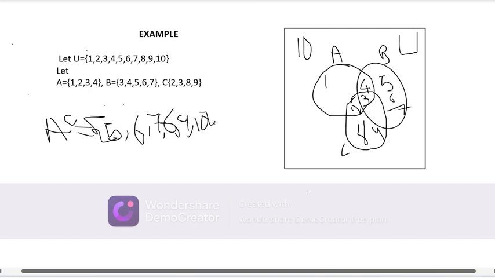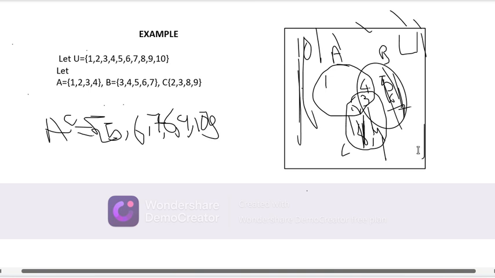So when we are going to shade this, we are going to shade wherever there are these elements. For example, 5, which means this part is going to be shaded as A complement. 6 is also in this part. 7, where is 7? Okay, 7 is also in this part. 8 is in this part. So we are going to shade this part where there is A, but leave this part. 9 is also here. 10, which means even the outside part is going to be shaded.